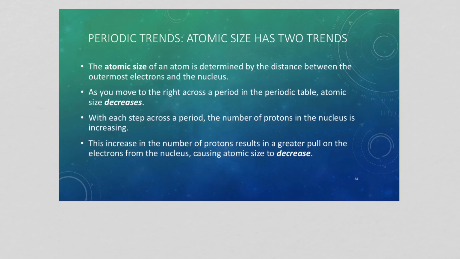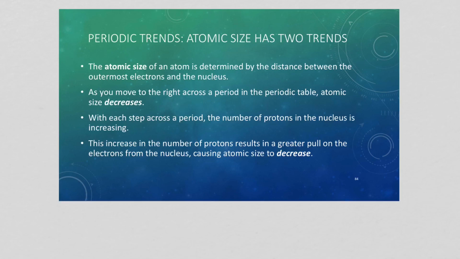Now, one of the other things that get pulled out of here are not just particular properties, but trends in certain properties. So if we overlay the periodic table with particular properties, we can see how they change as we move, say, across the periodic table or up and down on the periodic table.